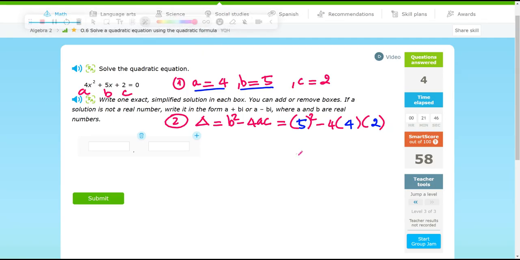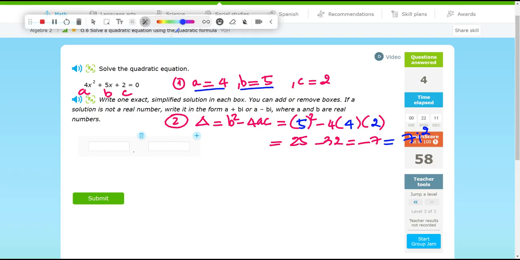So you can enter these values into your calculator if you want. 5 squared, that's 25. 5 times 5, 25. Subtract 4 times 4, that's 16. 16 times 2, that's 32. So I come out negative 7. But instead of negative 7, I would put it as 7i squared.